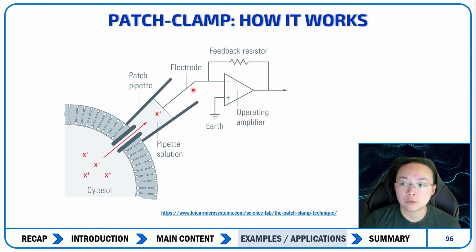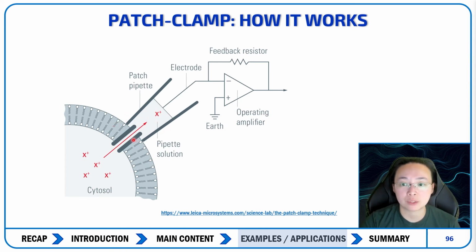It's going to attach itself or tightly seal itself onto the cell membrane over here and isolate the membrane patch electrically. So over here, it's electrically isolated. And if you zoom in close enough, there should be a curved area where the membrane has been sucked up into the pipette. Currents are going to flux through the channels in this patch here.